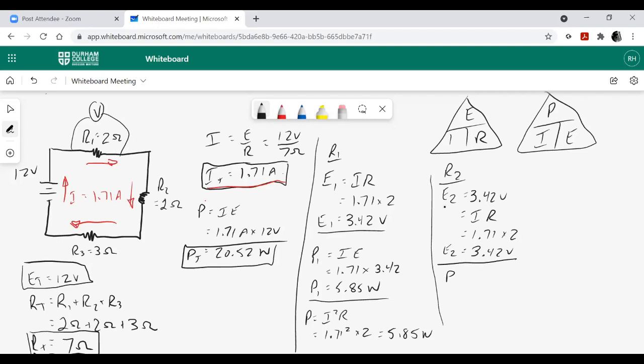And my power then, guess what? Same current, same voltage. My power is going to be the same at 5.85 watts. Okay, I would just be writing this formula all over again with exactly the same numbers.